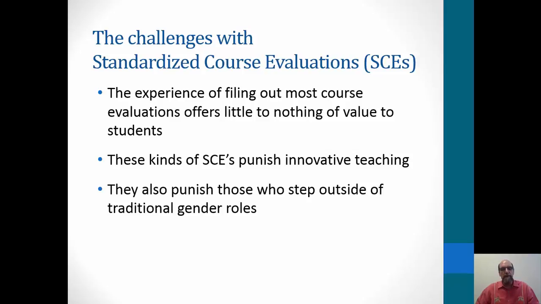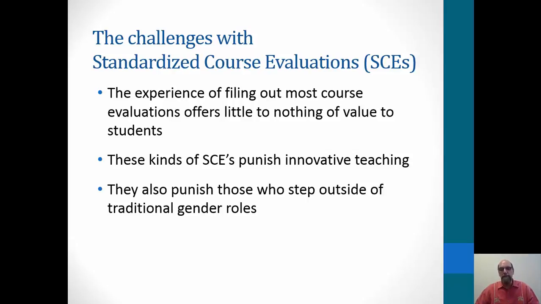We also know from a great deal of research that these kind of student course evaluations punish innovative teaching. The rule seems to be that to the extent that you step outside of students' expectations about what is supposed to happen in your kind of course, they will punish you in the only way that they can, which is to give you a low student course evaluation.